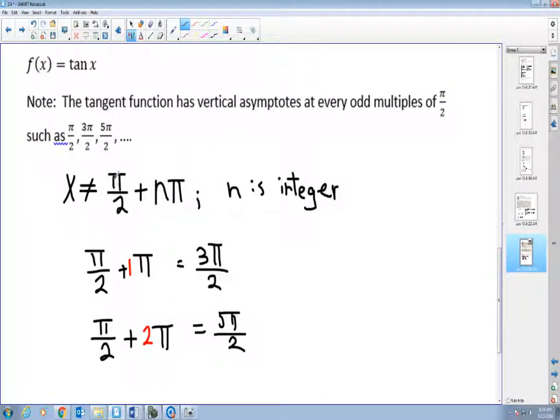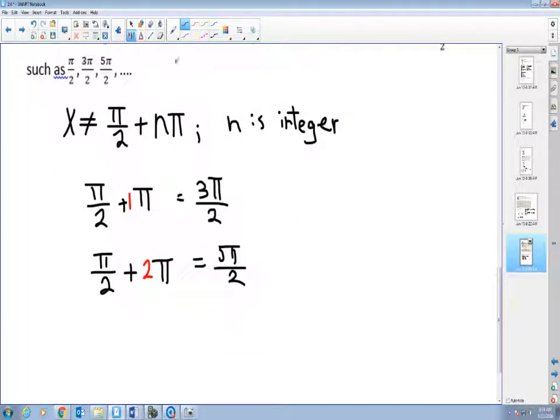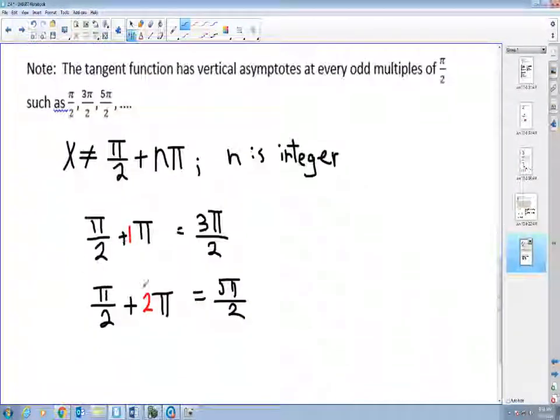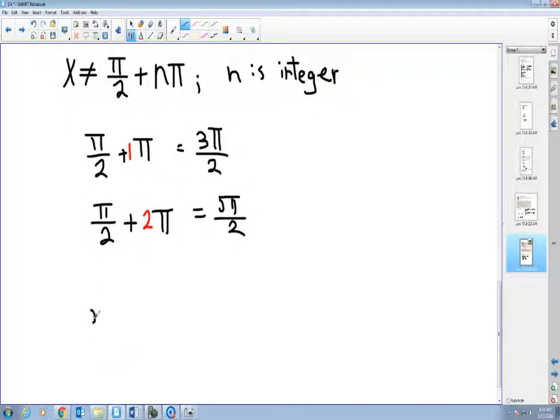So my x cannot be pi over 2 plus n pi. So this tangent of x is continuous in the interval, let me write it this way, dot dot dot, from negative pi over 2 to pi over 2.